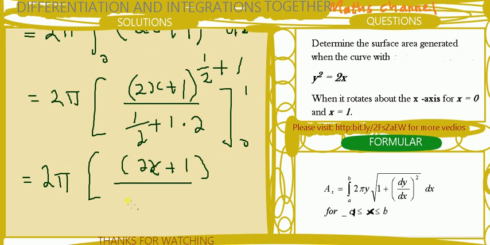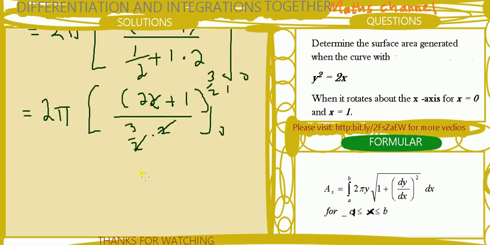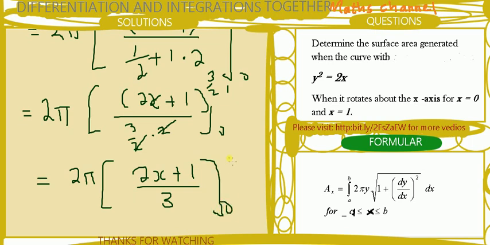So it will be 3 over 2 multiplied by 2, and then this 2 will cancel this 2. We have limits 0 and 1 here: 2 pi, 2x plus 1 to the power 3 over 2 over 3, from 0 to 1.